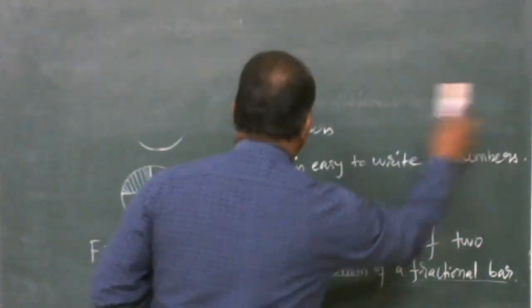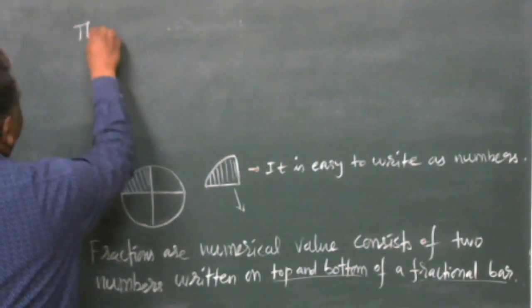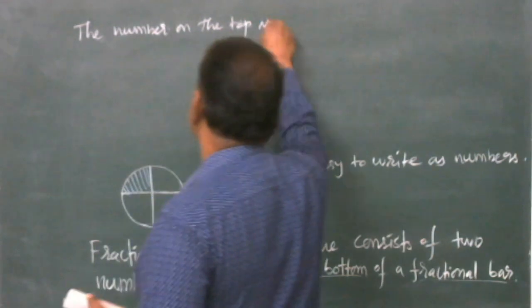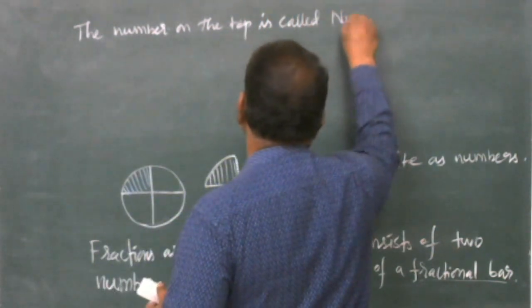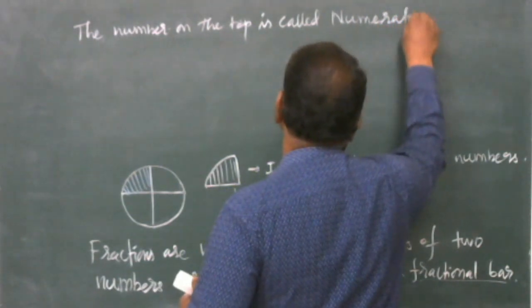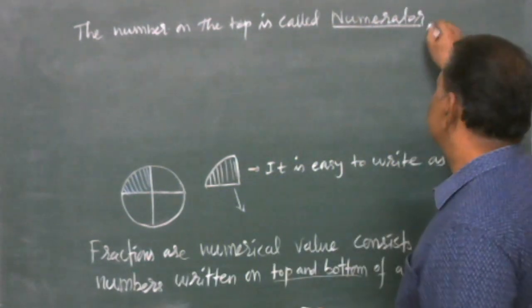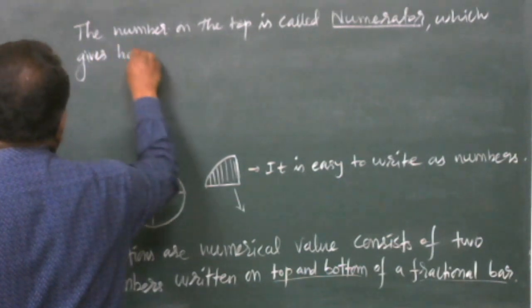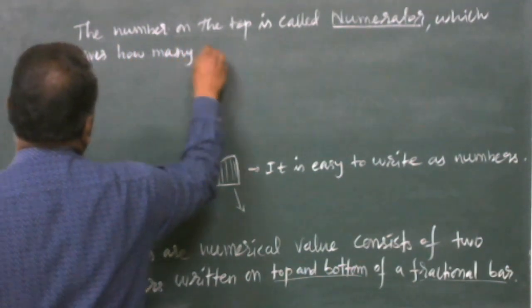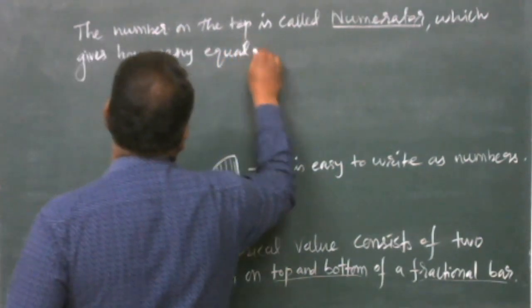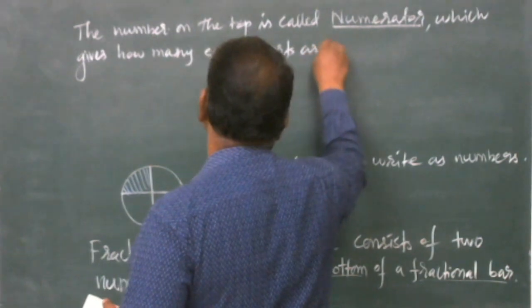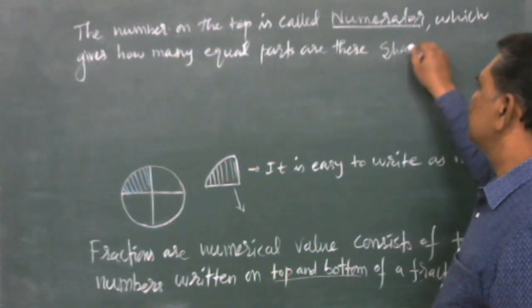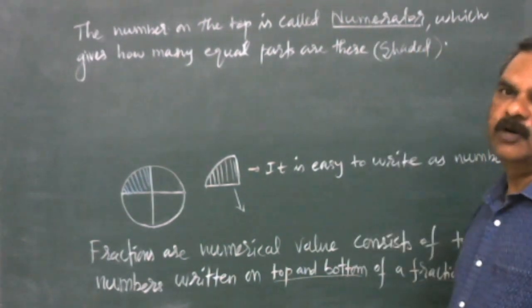The number on the top is called the numerator, which gives how many equal parts are taken, or how many equal parts are shaded.